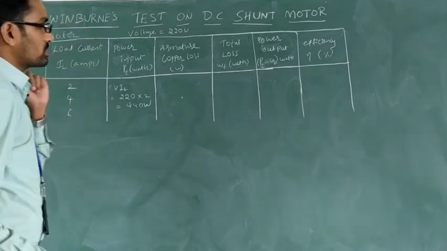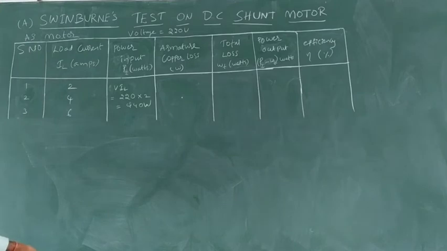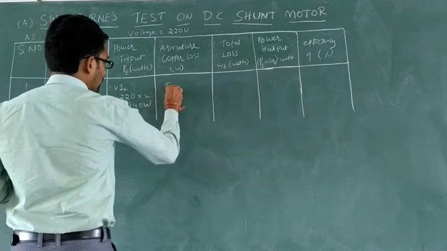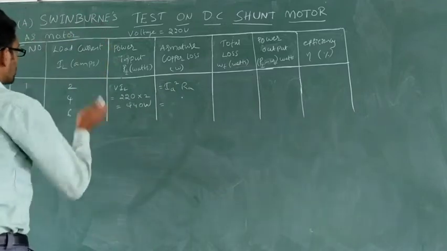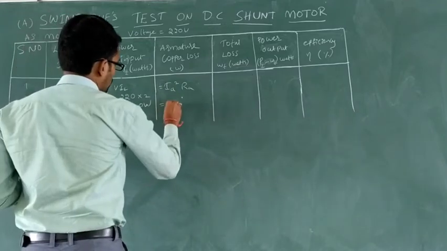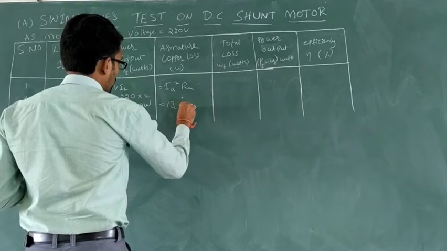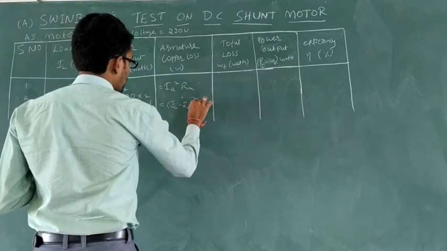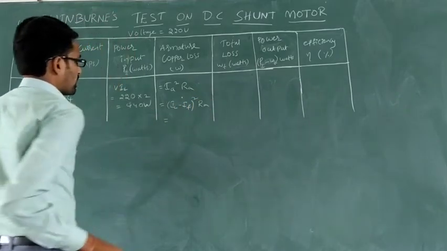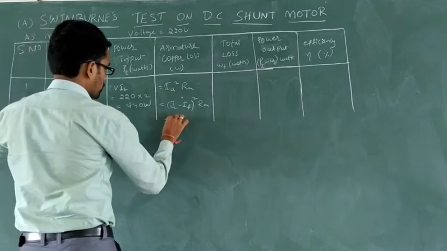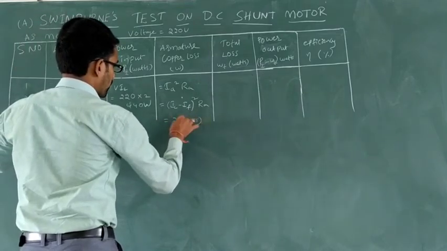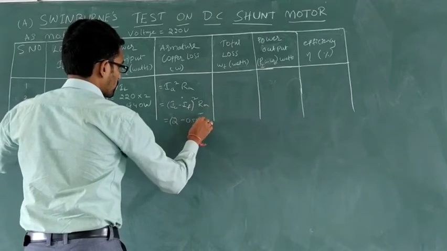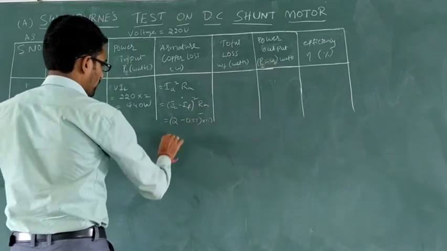Okay, right. So here armature copper loss is nothing but Ia square Ra. If you consider this as a motor, you are going to get IL minus IF whole square into Ra. IL is, first, 2, minus 0.55 whole square into 1.3.